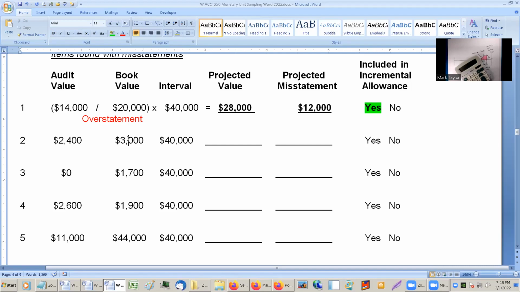Next one's pretty straightforward too, like 2,400, 3,000. This is an overstatement.